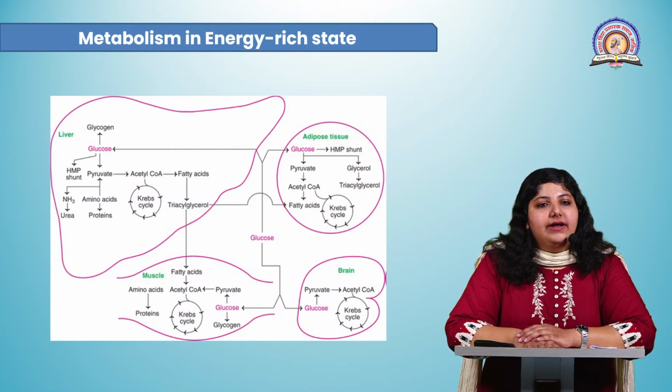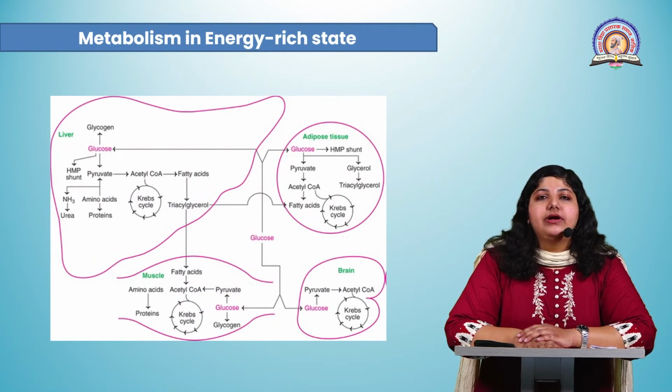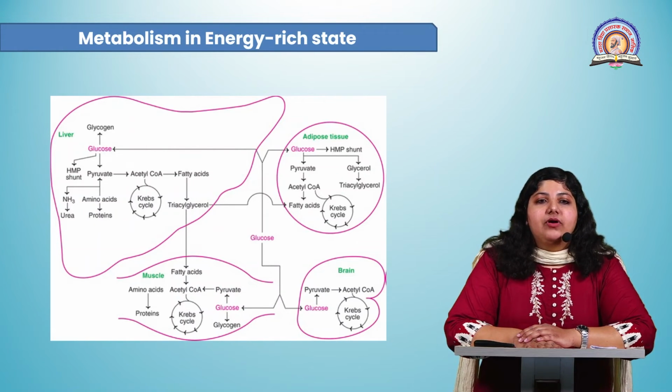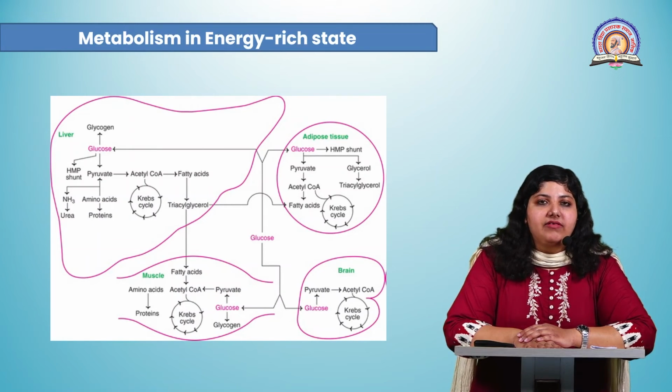This glucose can also be converted to pyruvate, and pyruvate in turn forms acetyl CoA. This acetyl CoA can be utilized for the synthesis of fatty acids, and when fatty acids are formed, they will in turn form the triacylglycerol, which is a storage form of fats.